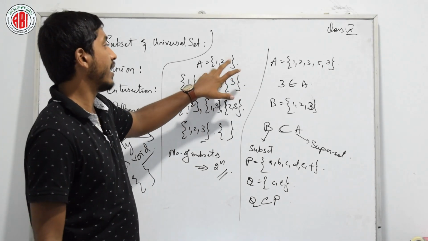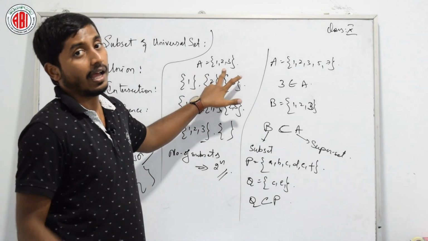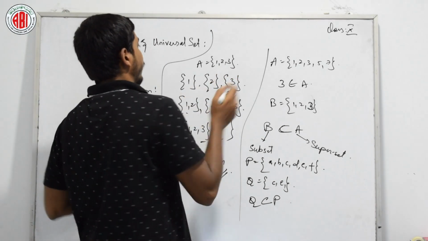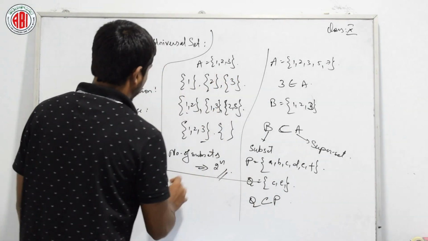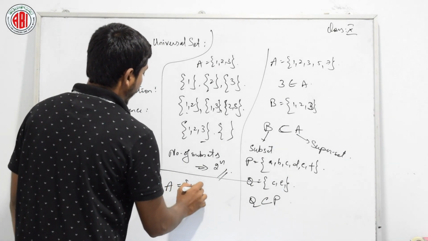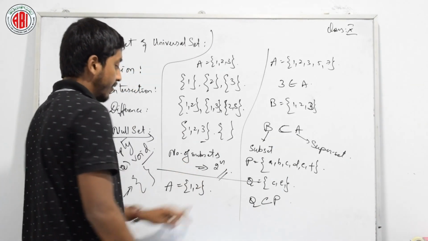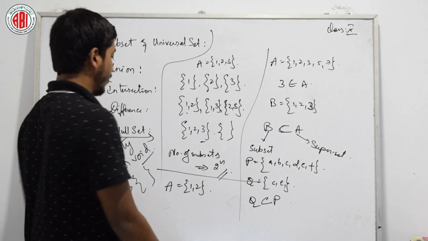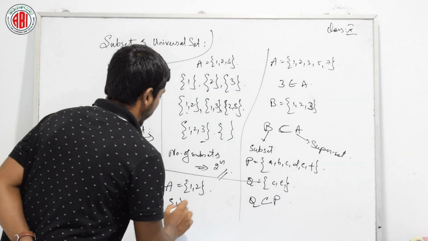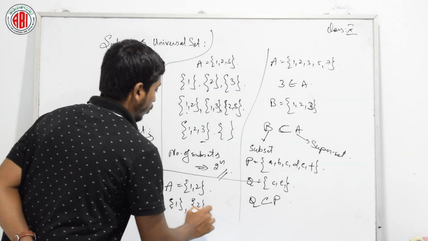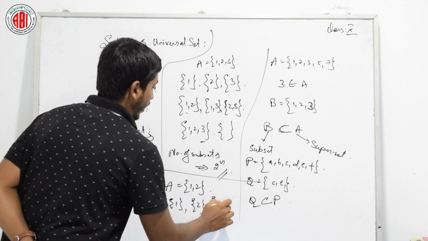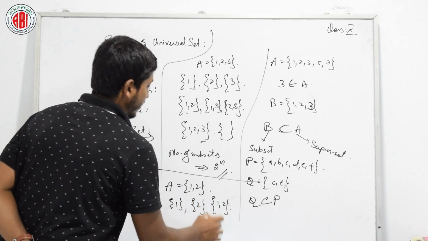Let me take an example of a set having 2 elements. Let us take some set A having 2 elements, 1 comma 2. Let us write the different subsets: 1, 2, then 1, 2, then one more, the empty set.